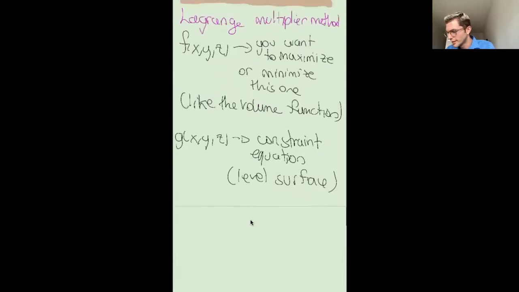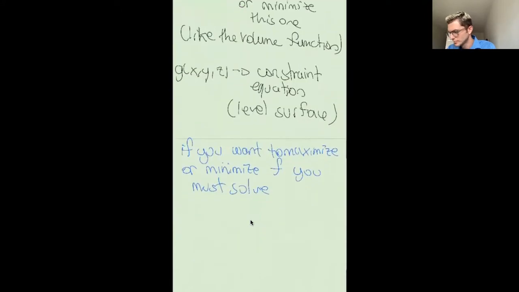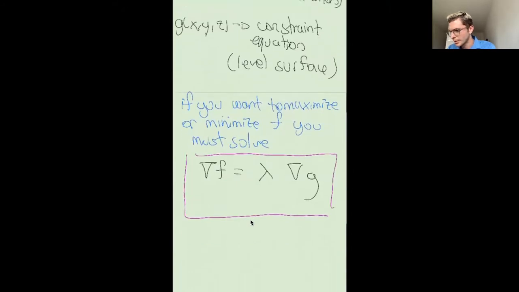So if you want to find the max or min of f, you must solve this system. And here lambda is a constant called the Lagrange multiplier.